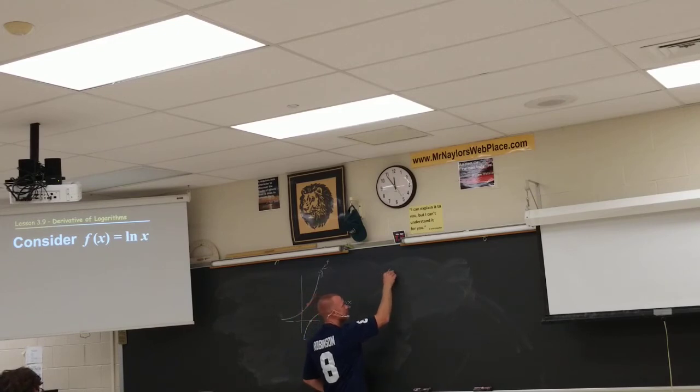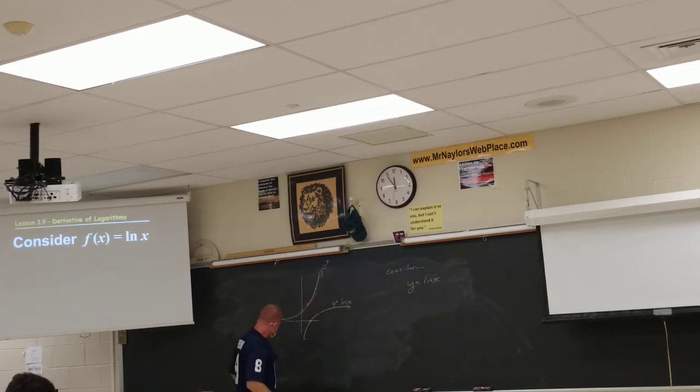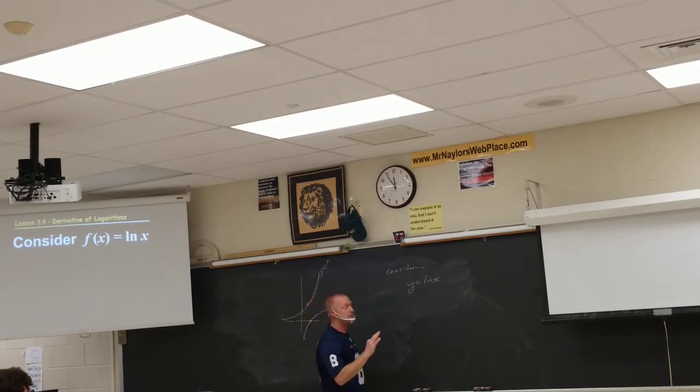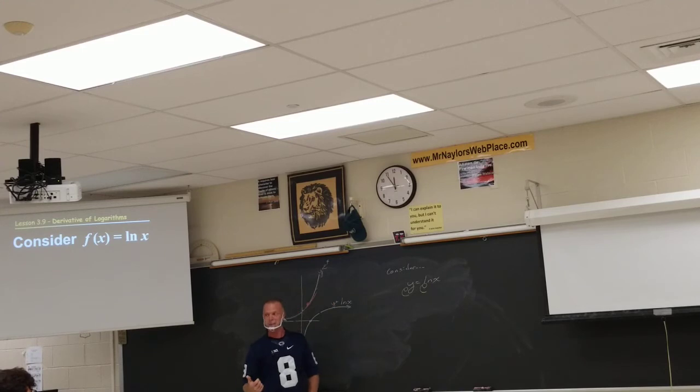If you consider, as it says up here, y equals the ln of x, algebra would say that that would be the same thing as considering e to the y equals x. What I just did there is a little trick out of the algebra bag. I based both sides.